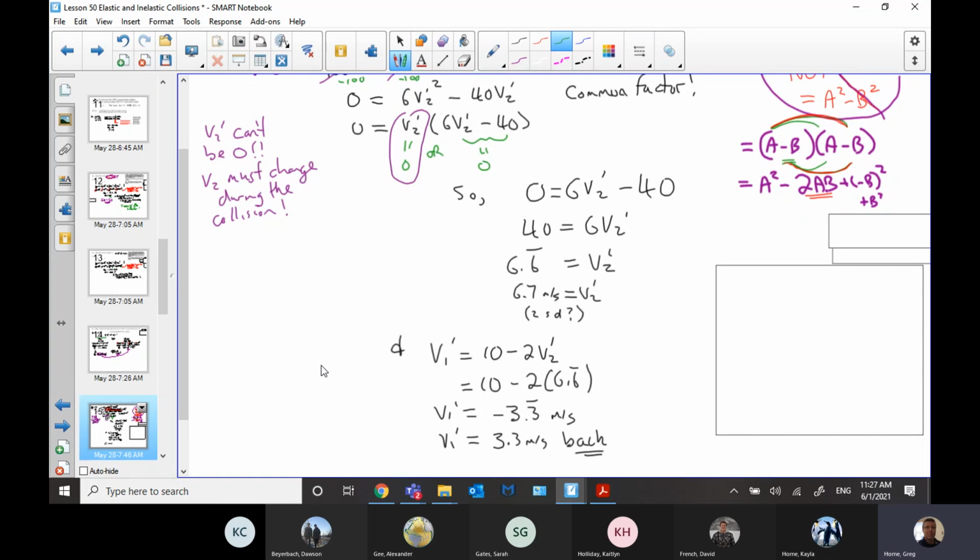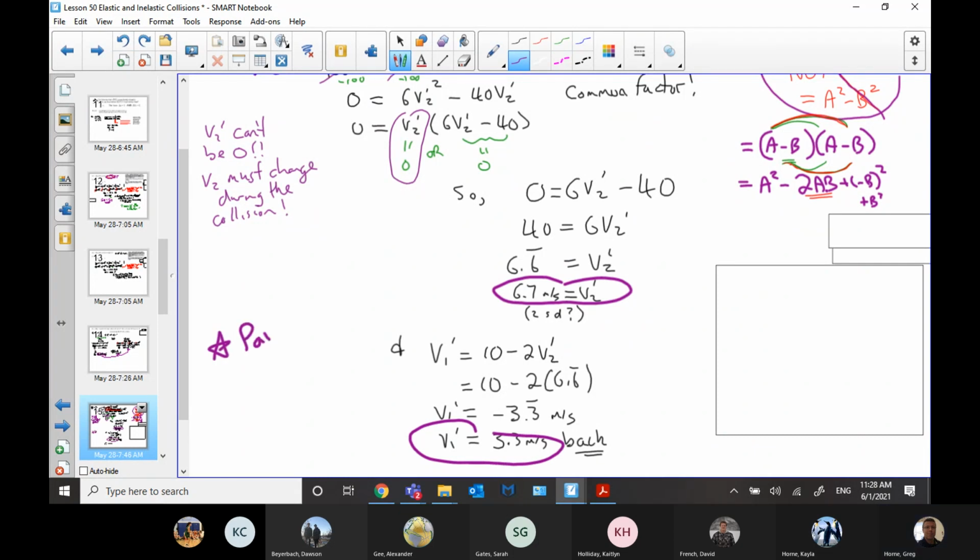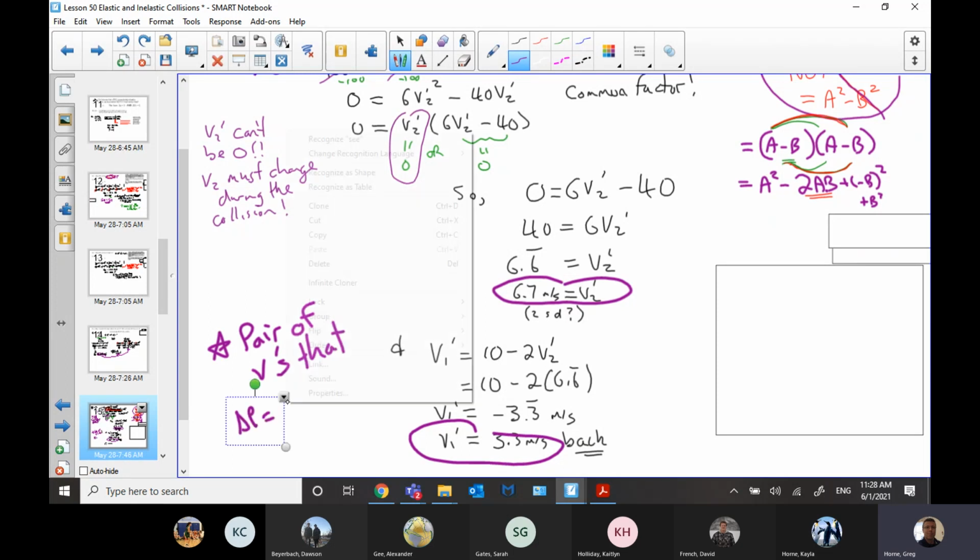I should emphasize here, this is a v2 prime. I'm going to go purple because it's my emphasis color here. This one and this one, this is a pair of velocities that satisfies conservation of momentum and conservation of kinetic energy.